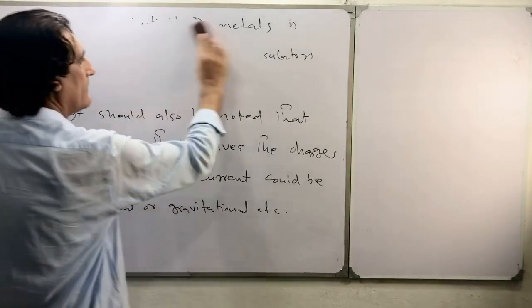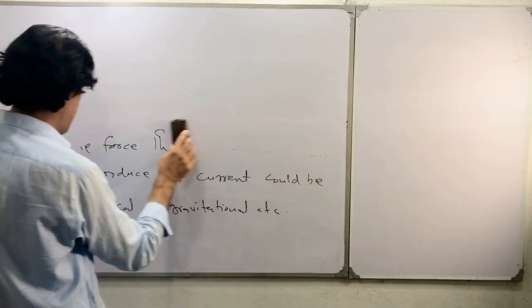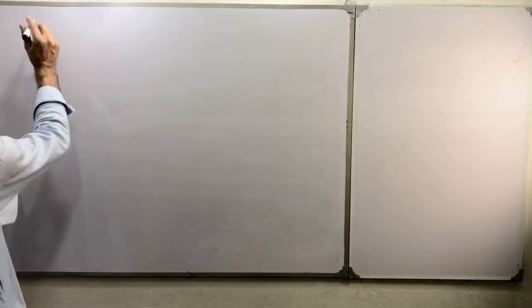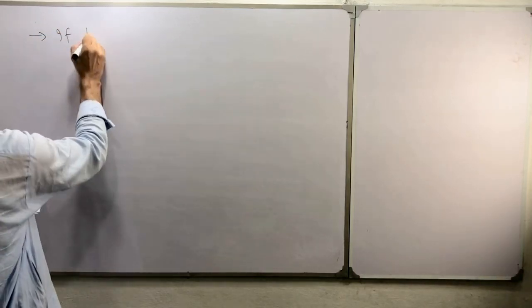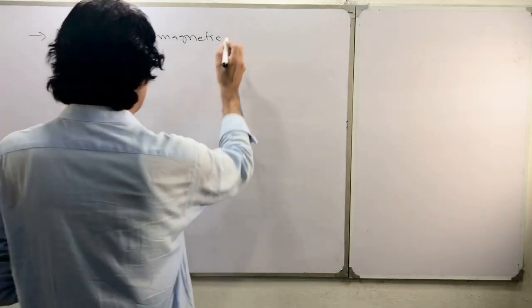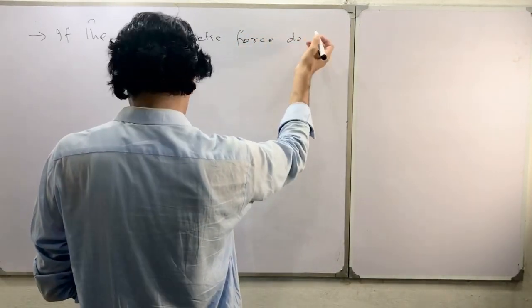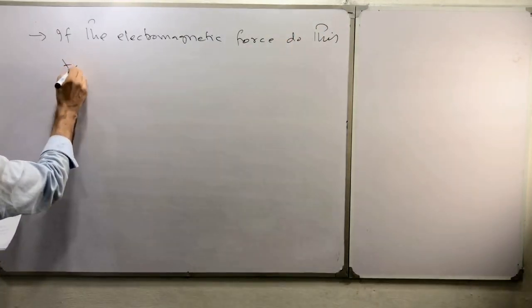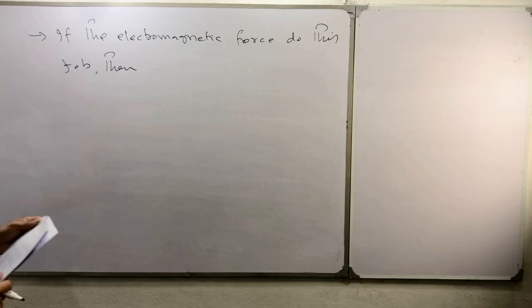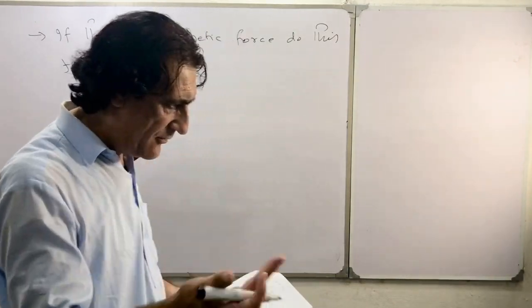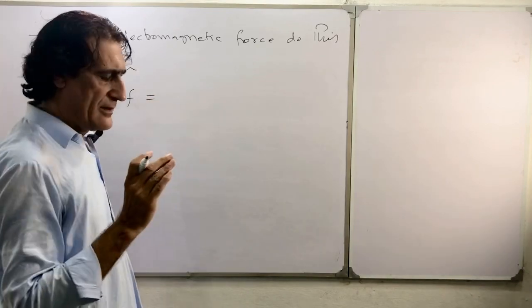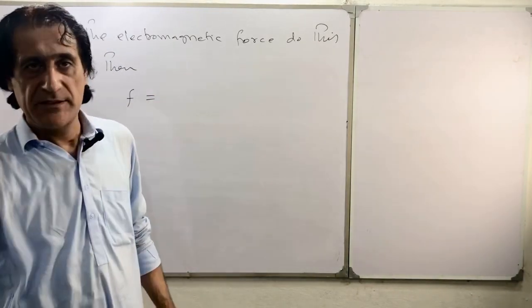For example, if the electromagnetic force does this job, then if we consider the force which is electromagnetic force, we can write F. This is electromagnetic, meaning there is the electric force and the magnetic force as well.